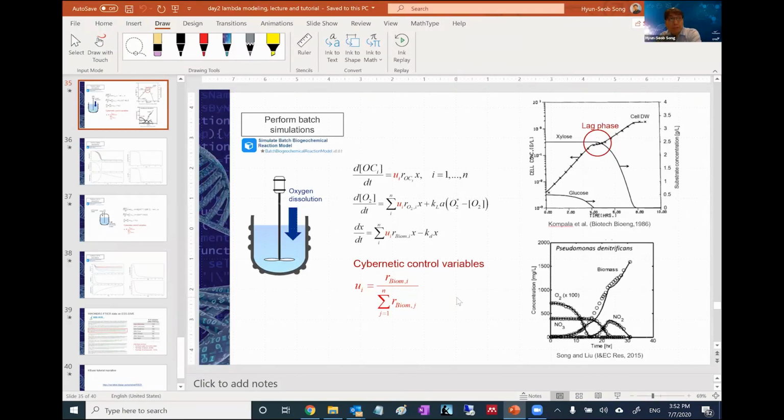And a batch reactor, on the other hand, is often used in a confined domain, and there's not much input or outflow. Still, under those limited, confined conditions, we can see how cells grow and how the nutrients change. Also, a batch reactor is very useful for characterizing the growth rate because there's no input or outflow.